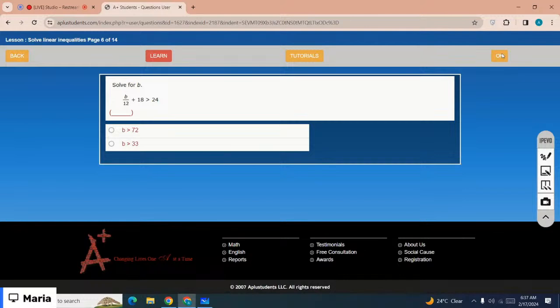The correct option is B is greater than 72. Option number 1 is the correct option. Very good.